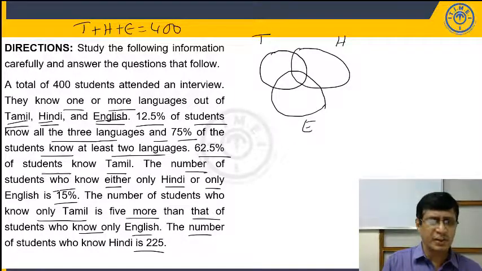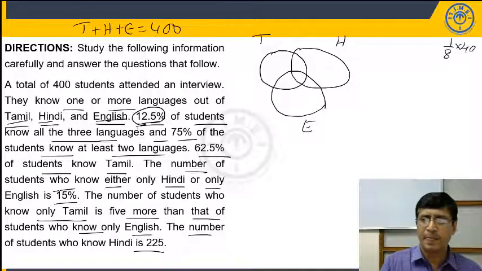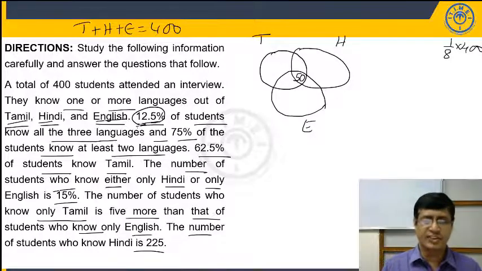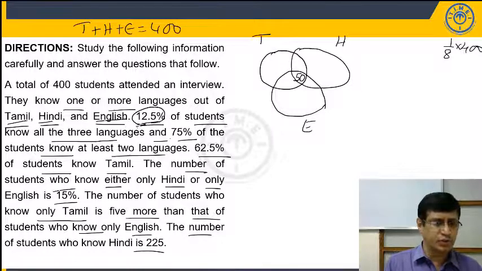12.5% of the students know all the 3 languages. 12.5% means 1 by 8, so 1 by 8 of 400 is 50, all the 3 languages. This is the intersecting point of all the 3 languages. Next, 75% of the students know at least 2 languages. 75% means 3 by 4.